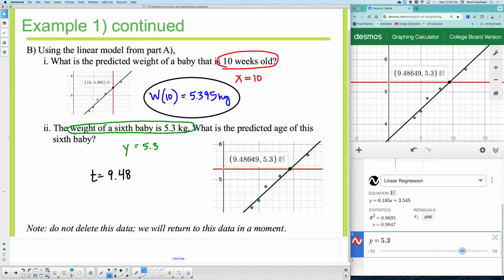Technically, you can round or truncate. I'm going to be exact on this video here. Would this be a 6 or should it round to a 7? 6. 9.486 weeks. All right. Now, as the slide says at the bottom, don't delete this. We're going to return to it in just a second. Okay.